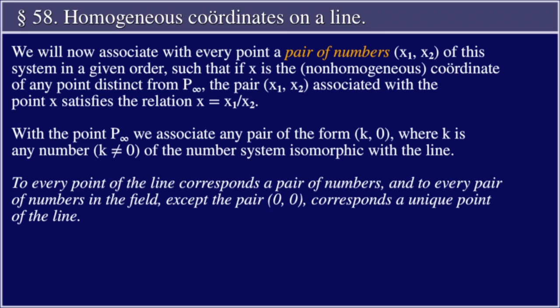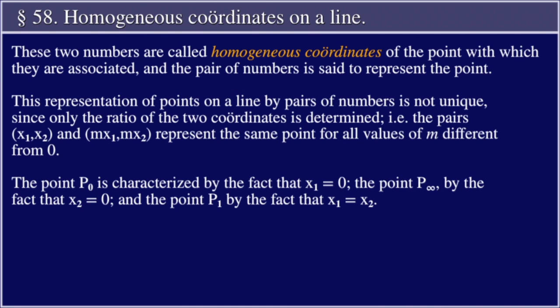To every point of the line corresponds a pair of numbers, and to every pair of numbers in the field, except the pair 0, 0, corresponds a unique point of the line. These two numbers are called homogeneous coordinates of the point with which they are associated. The pair of numbers is said to represent the point.